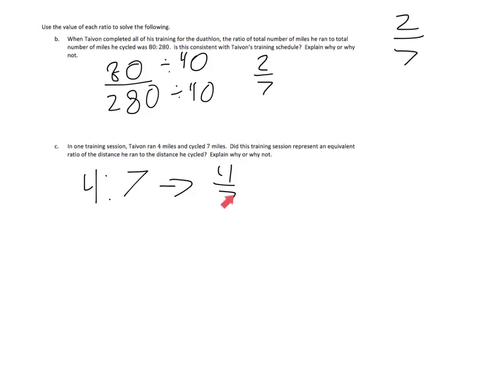Is 4/7 equivalent to 2/7? No. Therefore, it is not consistent because the values of the two ratios are not the same. So the important thing we learned in this lesson is that if the value of two ratios is the same, they are equivalent. If they are not the same, the two ratios are not equivalent.